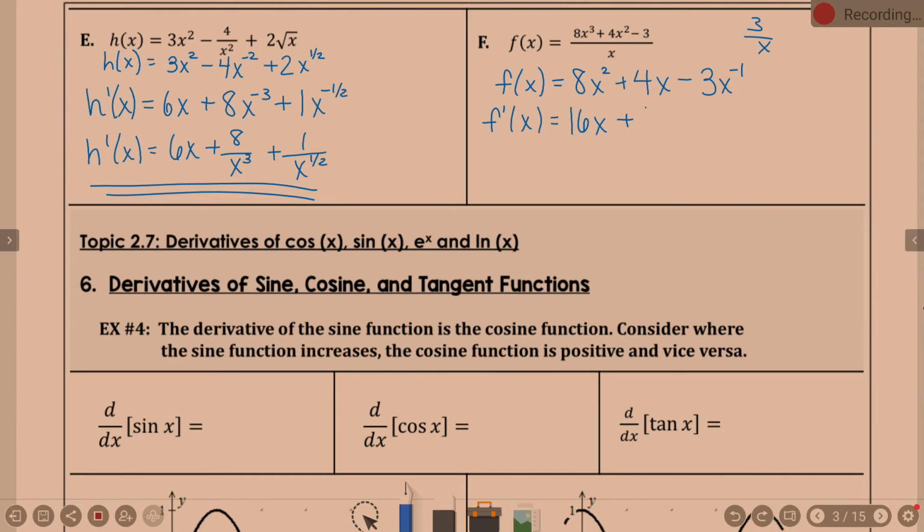So that x is gone. So just 4. Minus, because we're always decreasing powers here, -1 times -3 is actually going to end up being plus 3. X to the -2nd when we subtract 1. So f prime of x is 16x plus 4 plus 3 over x squared.